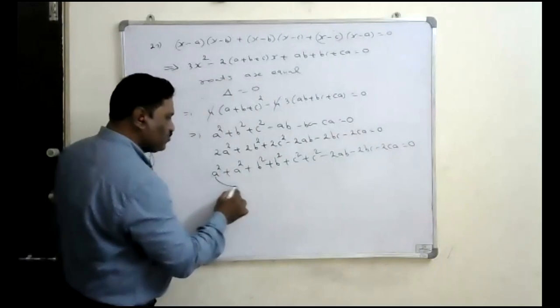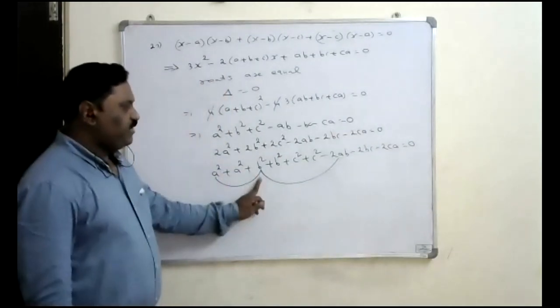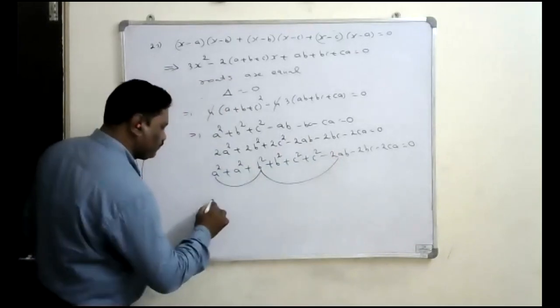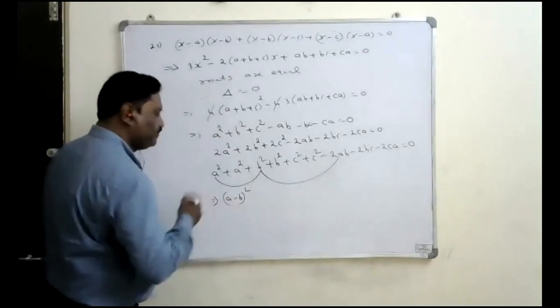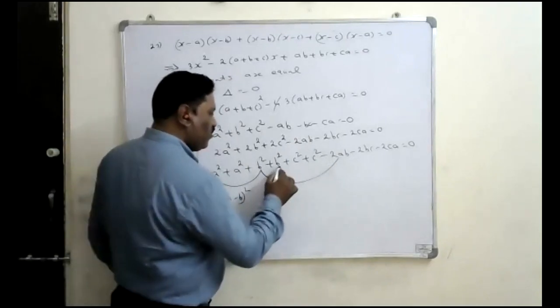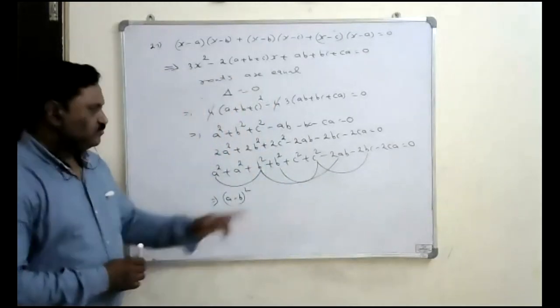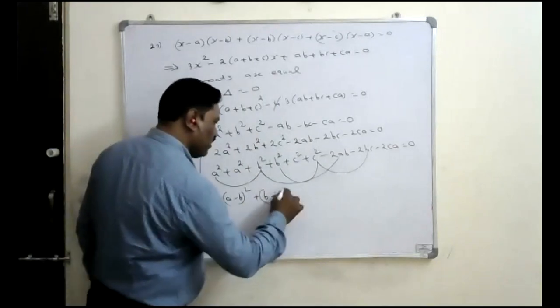Now I will take 1A square, 1B square and 2AB. A square plus B square minus 2AB, how can you write it? (A minus B) whole square. Good. Similarly, I will take 1B square, 1C square, 2BC: (B minus C) whole square.